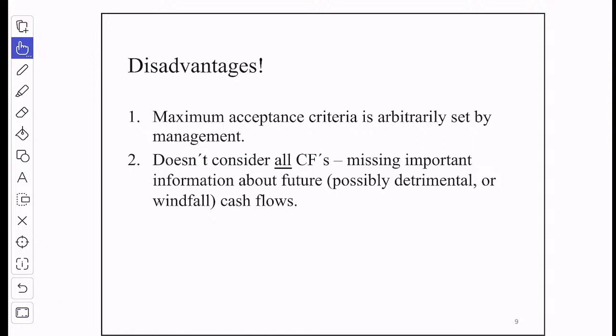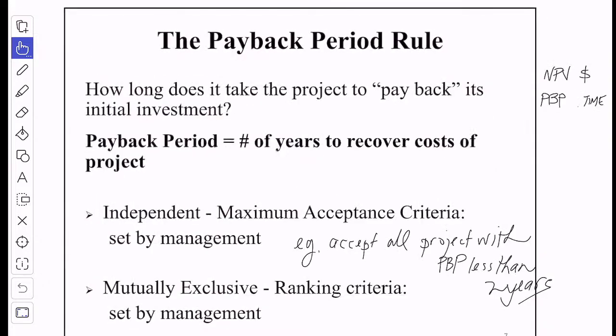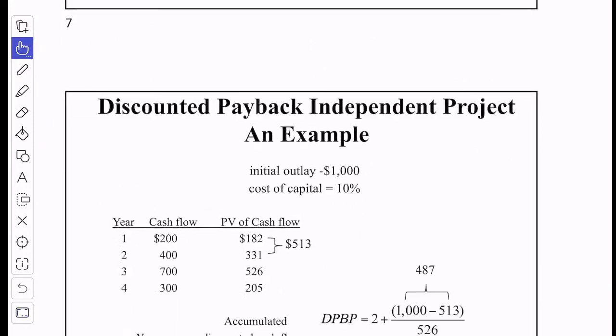The other thing about this that we have to be cautious of is that I haven't mentioned anything about discounting, okay, and we know that there's a time value of money effect.